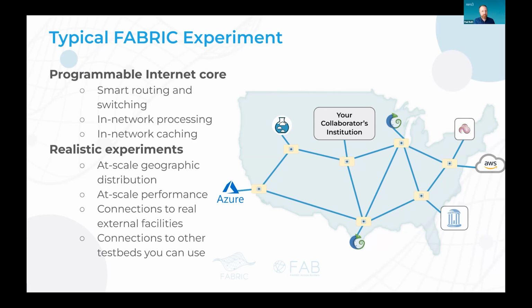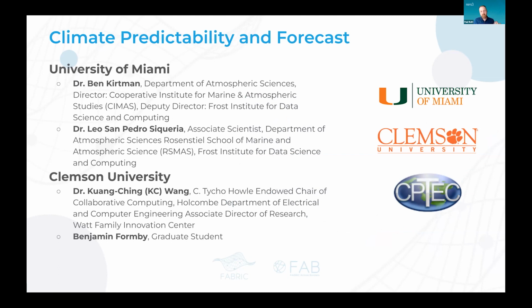So next slide. In this particular example, there's a group that is doing climate predictability and forecasting. They're partly at University of Miami and partly at Clemson. At University of Miami, we have Ben Kirtman, who is an atmospheric scientist.